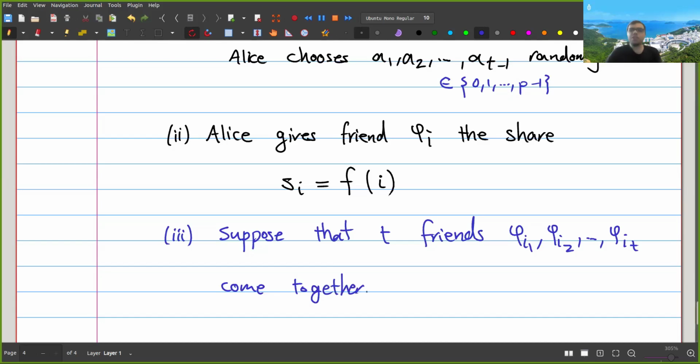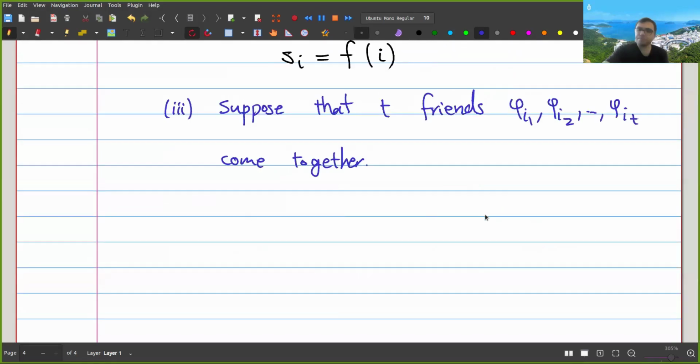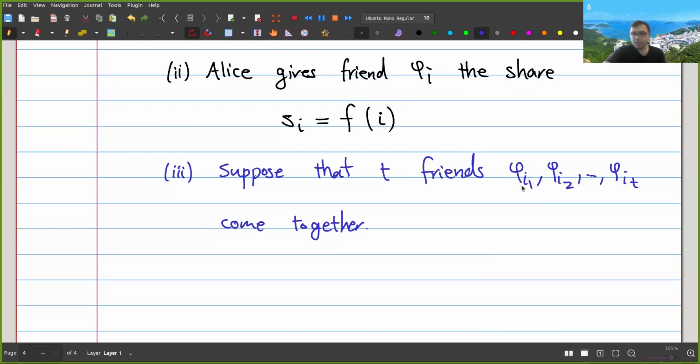What is the information that they have? This friend, friend number i1, knows f of i1. They also know f of i2, and so on, and they also know f of it.